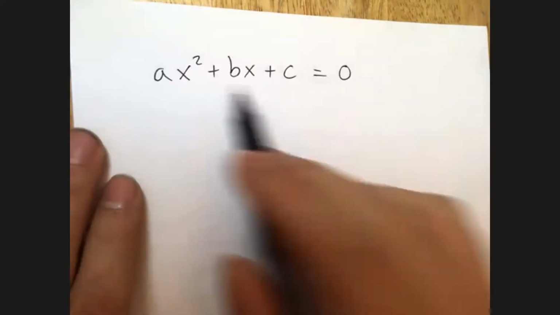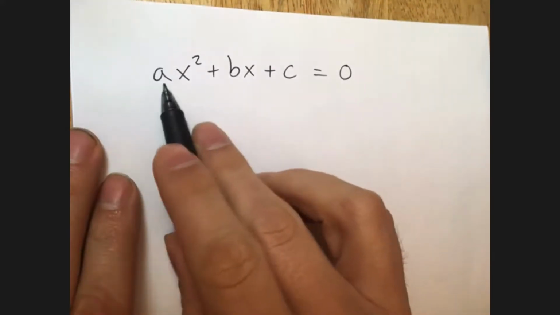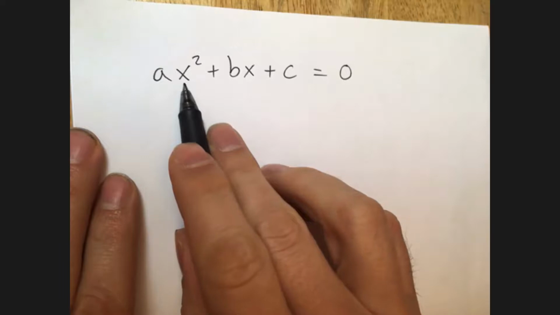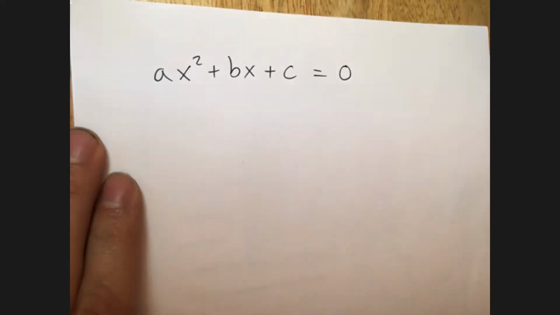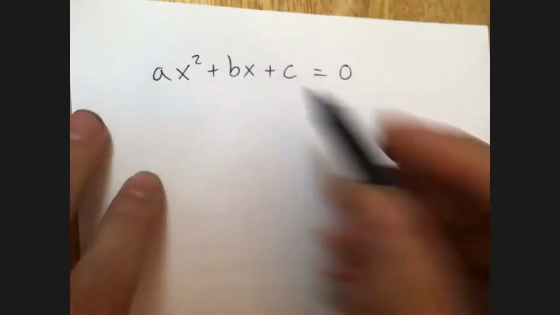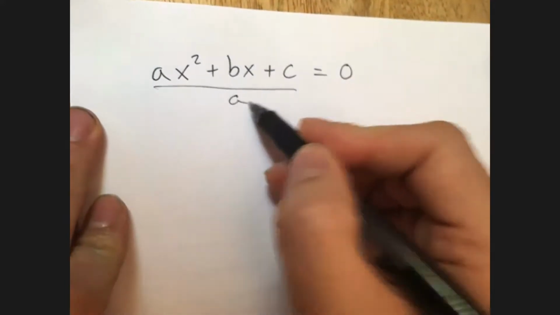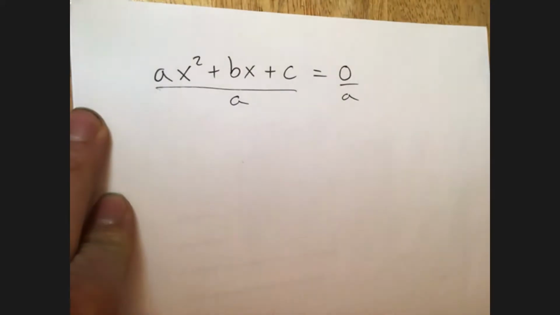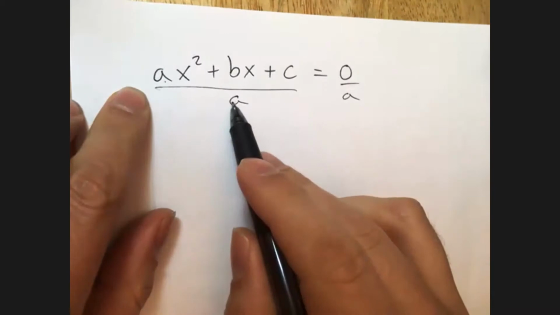Well, the first thing you do is you want to get a 1 in front of the x squared, right? Just like we did with our last two problems. We wanted to make sure the coefficient in front of the x squared was a 1. So you divide everything through by a. What happens? Well, ax squared divided by a, the a's cancel.